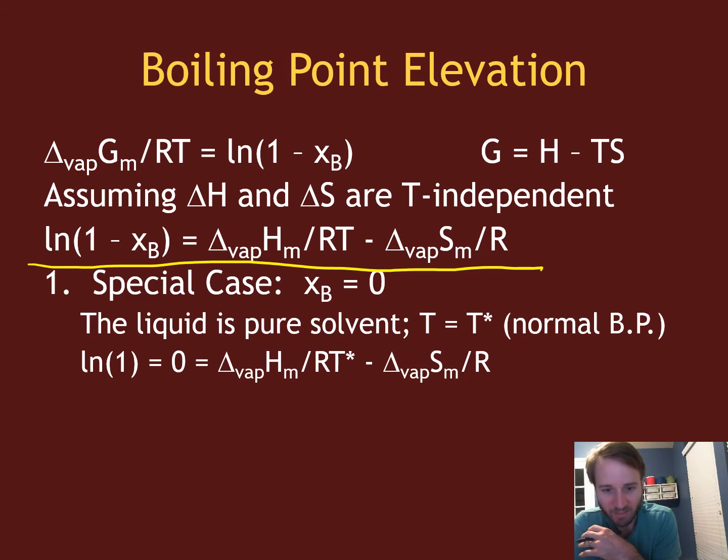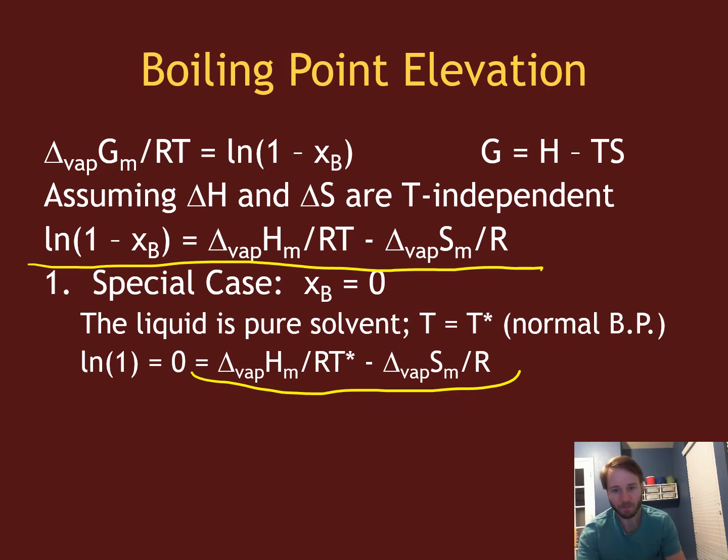Let's consider the case where I have no solute added, just pure solvent. So the boiling temperature is its normal boiling temperature, call that T star. In that case, these terms have to sum up to give you 0.